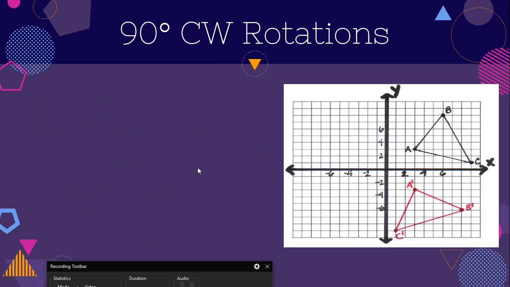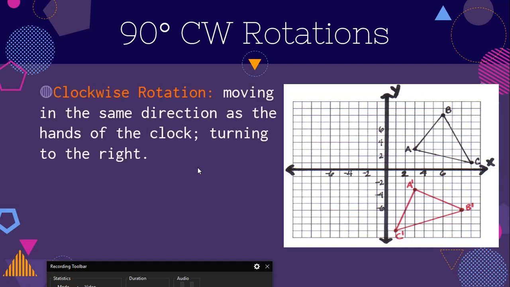We can also rotate 90 degrees clockwise. So clockwise would indicate that I'm moving in the same direction as the hands of the clock, otherwise known as turning to the right. So we started with our original image in quadrant 1. And when we rotate it 90 degrees clockwise, it ends up in quadrant 4. And again, the object is still spinning.